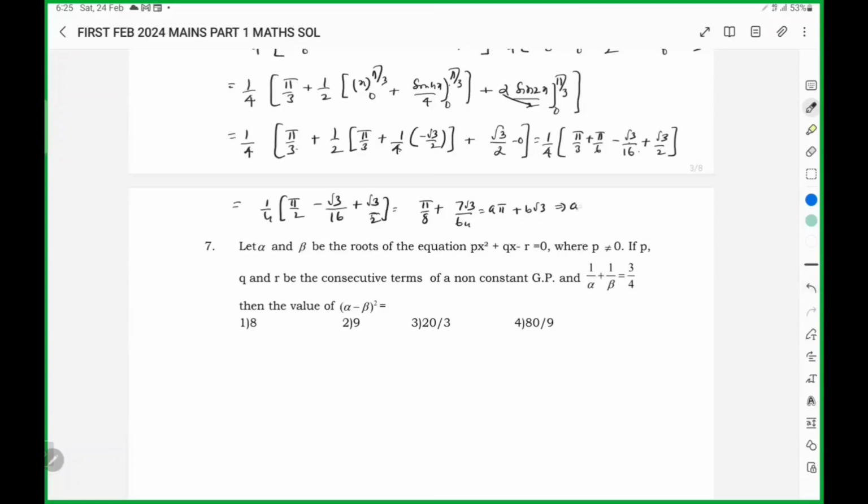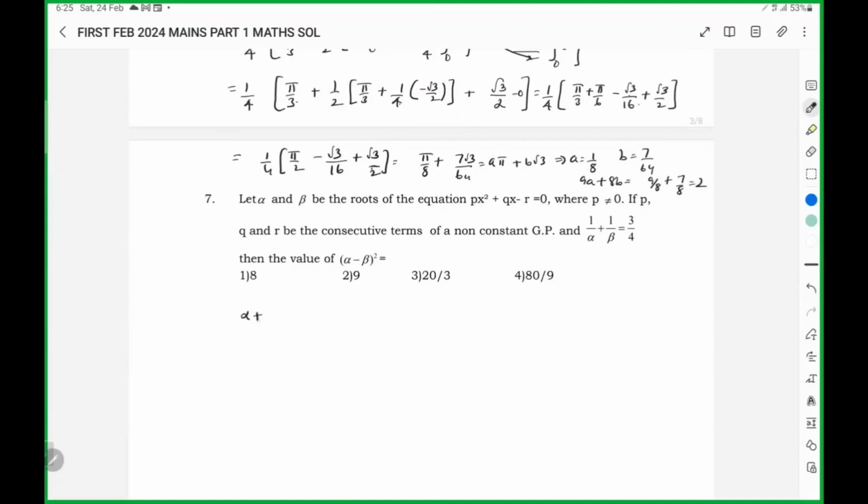A will be 1 by 8, b is 7 by 64. 9a plus 8b will be 9 by 8 plus 7 by 8, 16 by 8, which is 2.